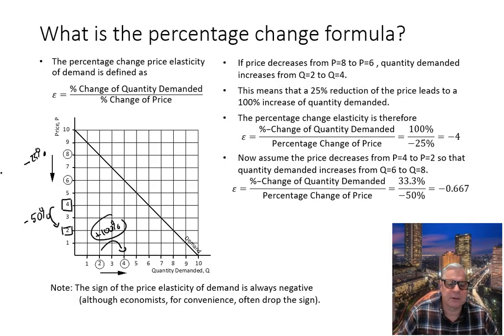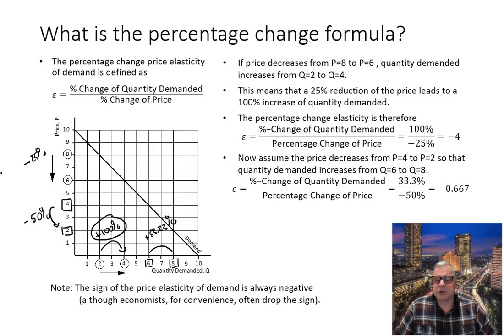But if we lower the price from 4 to 2, then quantity demanded only goes up from 6 to 8, and that is an increase of only 33 1/3, or 33.33%. So the percentage change in quantity demanded is 33.3%, but the change in the price is 50%. So now we get a much lower value of elasticity.